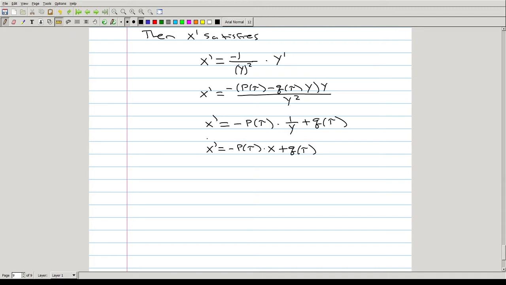And this is a new differential equation. It involves our functions p and our functions q.